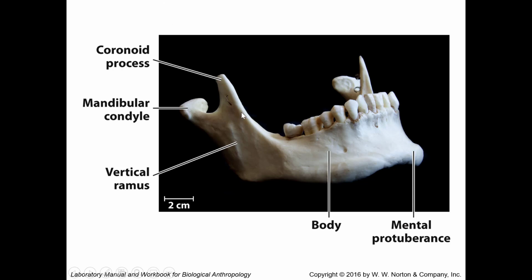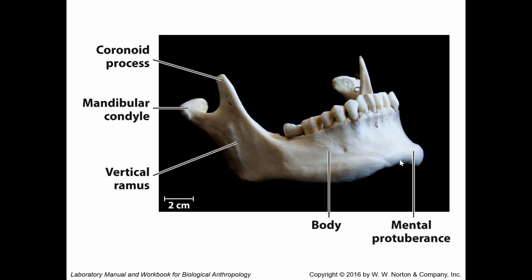As they contract, it brings our mandible up, and as they relax, it brings it down. So it is our attachment for chewing muscles. And then the last thing on the mandible is the protuberance at the midline, called the mental protuberance or mental eminence. This is what we know as the bony chin.